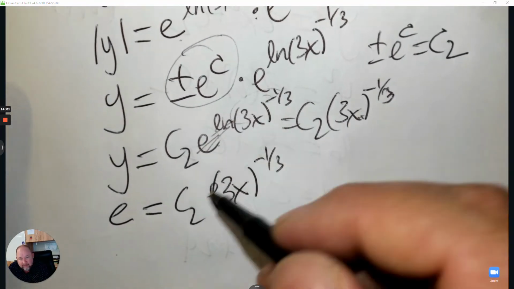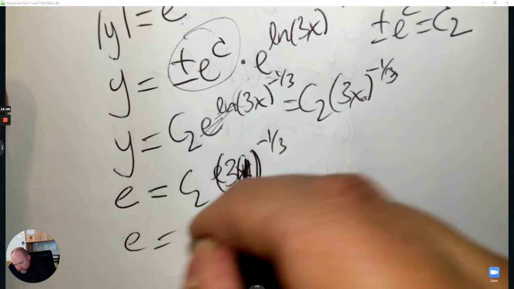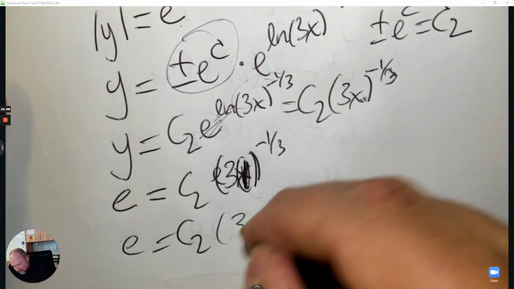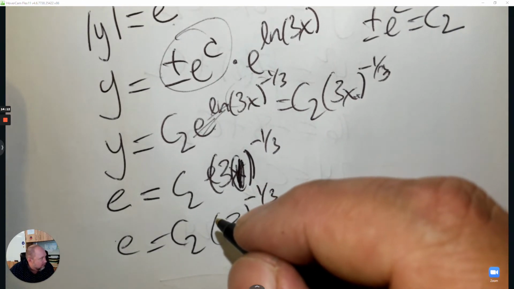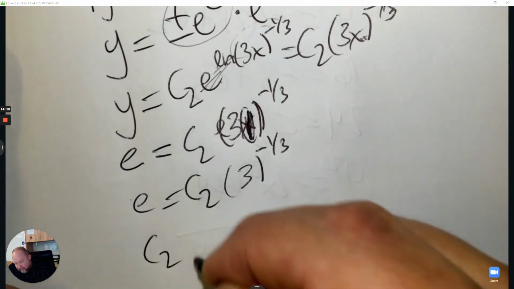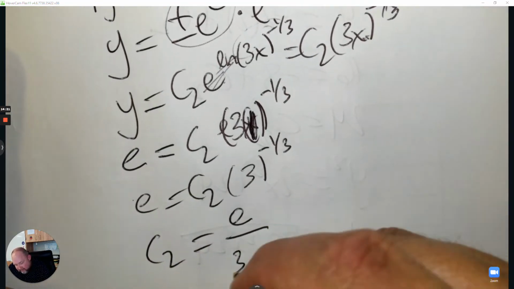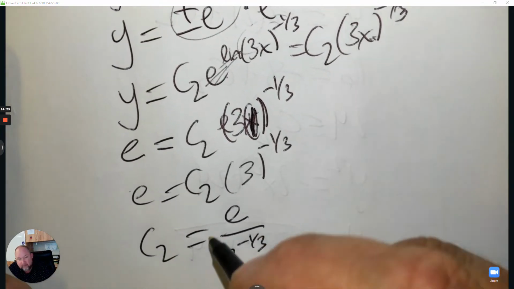That's what you're left with. This is 1. So I have 3 to the exponent negative 1/3. So the constant then is e divided by that. Right? Yeah. That's what it is.